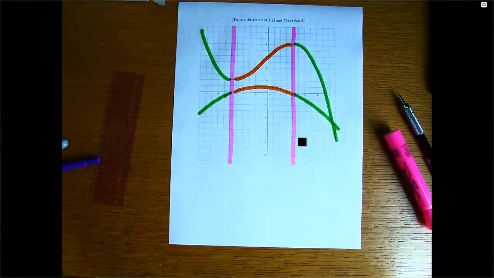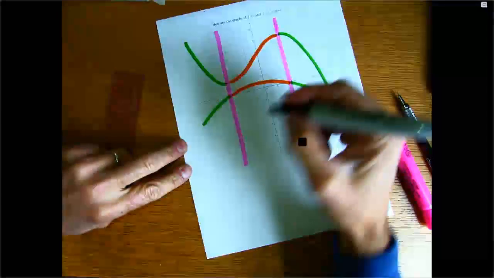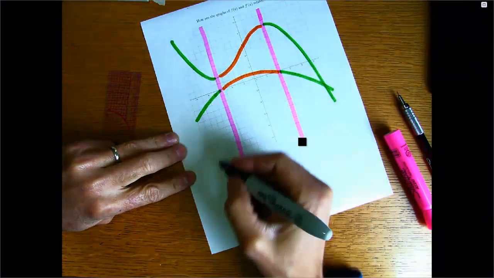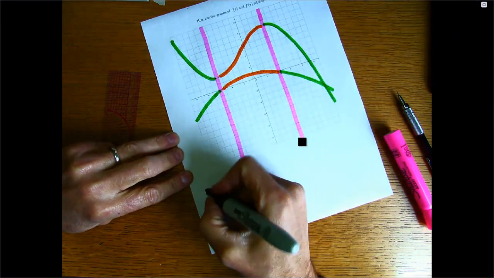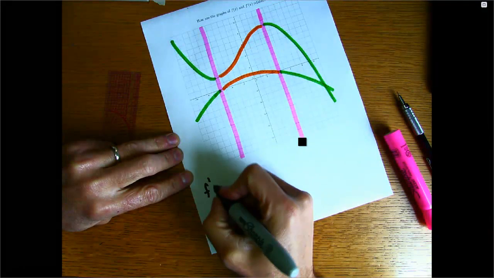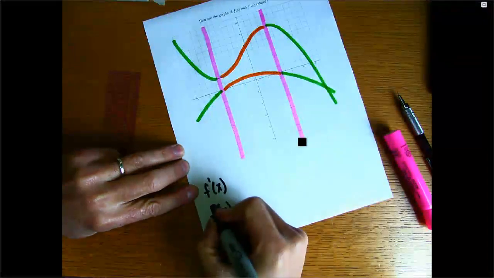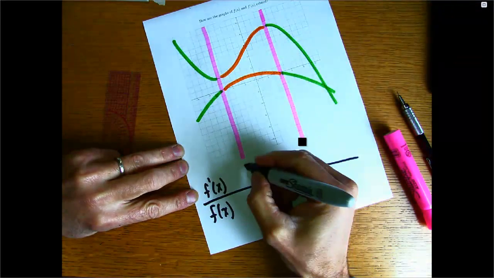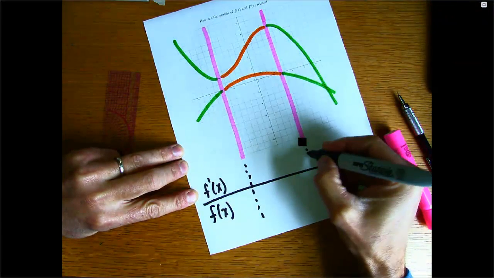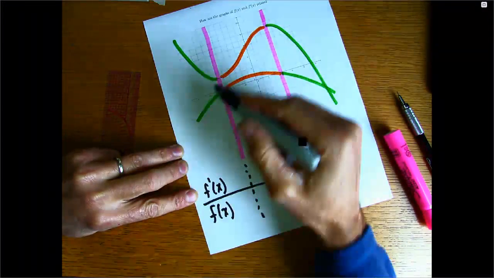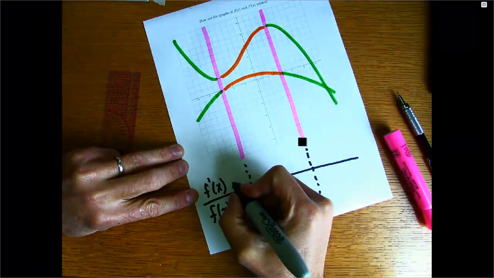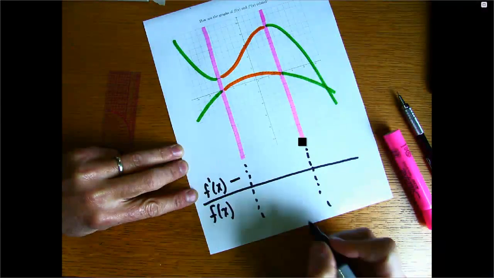So here's what I want you to notice about f prime of x and f of x. In this region, f prime of x is negative, so I'll put a minus for negative.